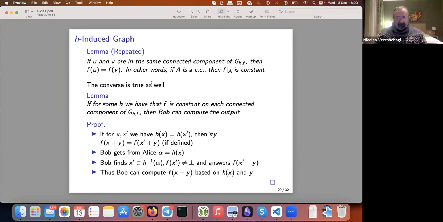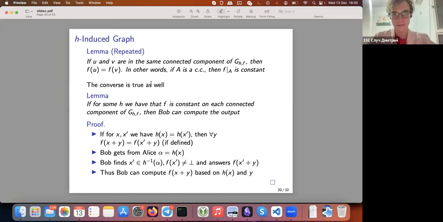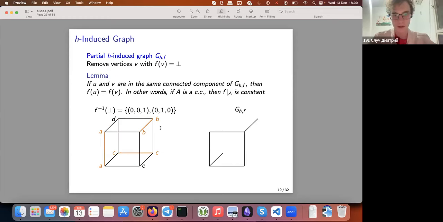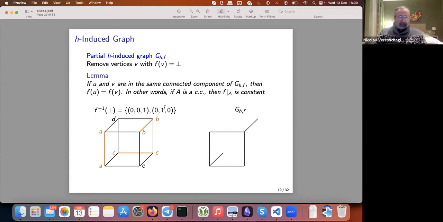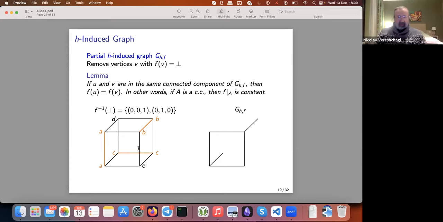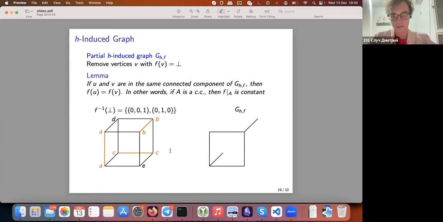There is some function h, and we consider all good shifts. Then we consider a graph: we draw an edge between two vertices if the XOR of these vertices is a good shift. Then we remove all the points where the function is not defined, and the function must have the same value on each connected component of the resulting graph.